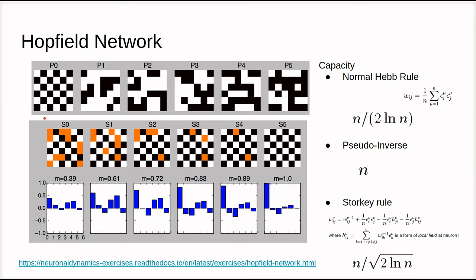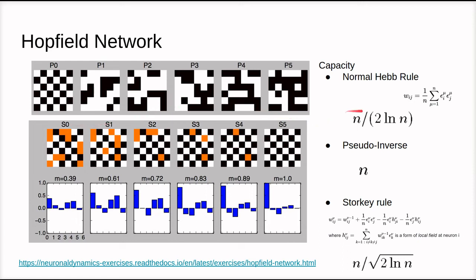There's also a question in Hopfield networks of capacity, and there are a couple of different ways of training this network. Capacity is the number of patterns you can store in the network without having a risk of collision between two patterns, that is to say, two patterns that are sufficiently similar that it becomes difficult to distinguish which is the correct pattern.